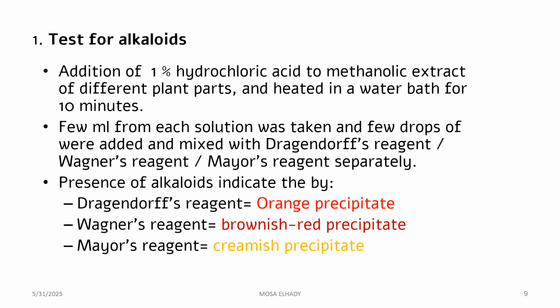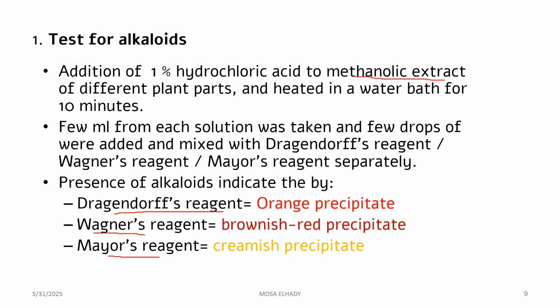For testing the presence of alkaloid in plant extract, we use the reagents for detection: Dragendorff's, Wagner's, and Mayer's. The suitable extraction solvent for plant extract to detect alkaloid is methanolic extract.